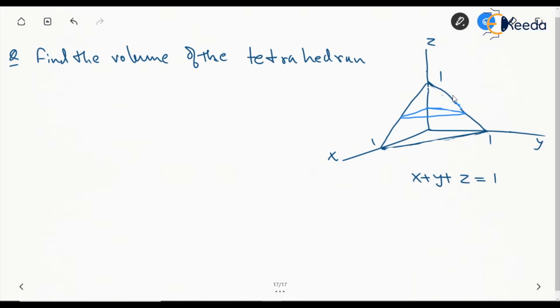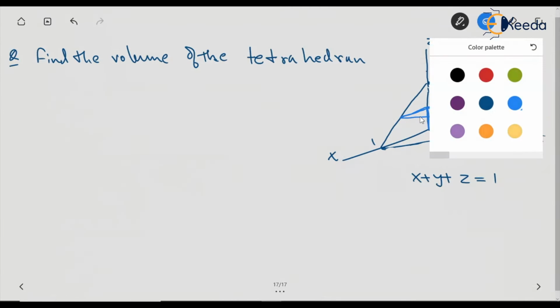then in that case we can see this x value is also a variable, this y is also a variable, and this z is also a variable. This is the z value, right? So from this plane, we'll have to check for the limits.